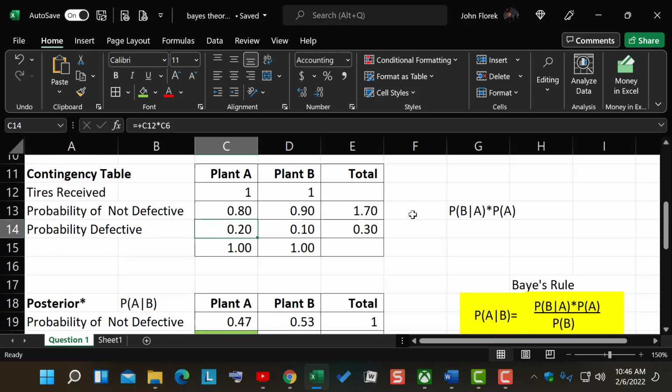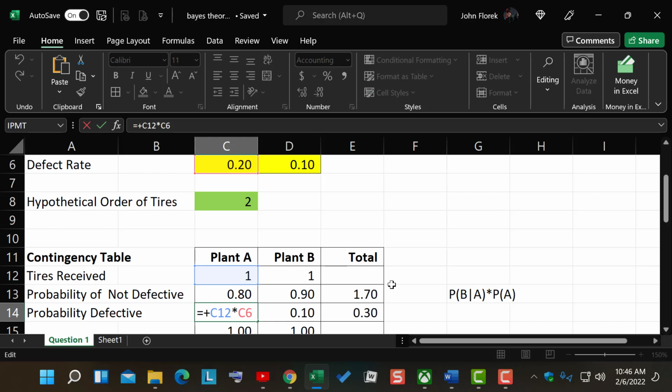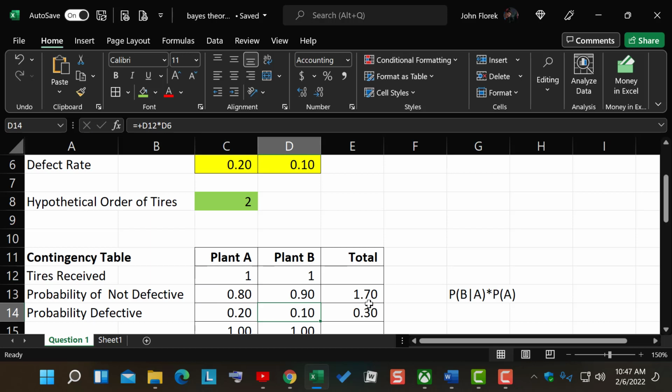And again, just as a hypothetical, we order 2 tires so that the percentages would look the same. So this formula is the number of tires received times the defect rate. And this also is the number of tires received, 1, times the defect rate of 10%.